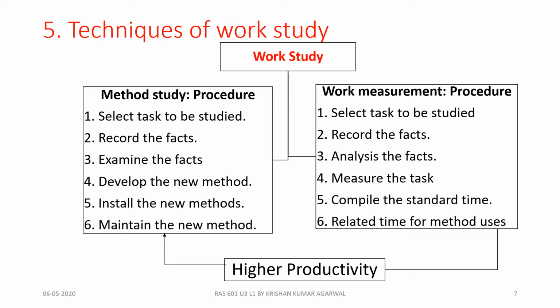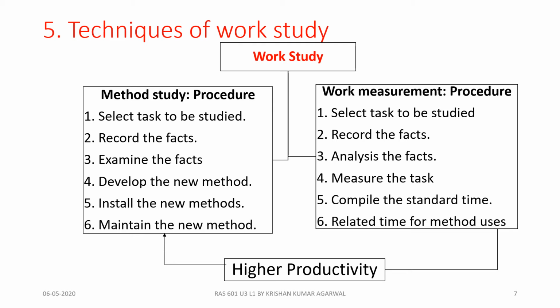If the method is complex enough, if the method is not worthy, or if the method produces undue or unexpected output that is not desired, then the method can be specified first and taken into consideration by the management. Then the recording takes place of the method and the steps taken in it. The next step is to examine those facts and develop the new method, and install it on the shop floor as a pilot project.